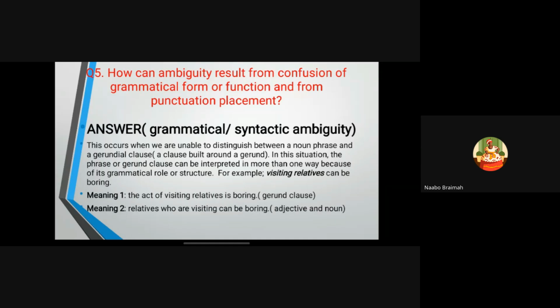For example, visiting relatives can be boring, just as was explained by our previous presenters. It has two meanings here. One, the act of visiting relatives is boring, which is a general cause. And the second meaning is relatives who are visiting can be boring. The second explanation is concerned about the visitors who are visiting the person who is giving this sentence.